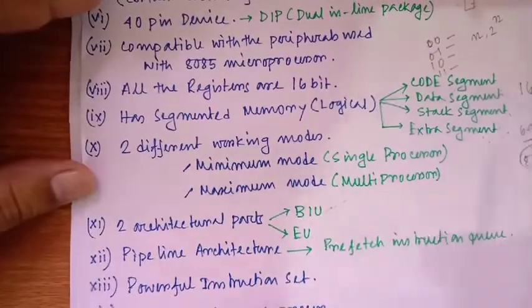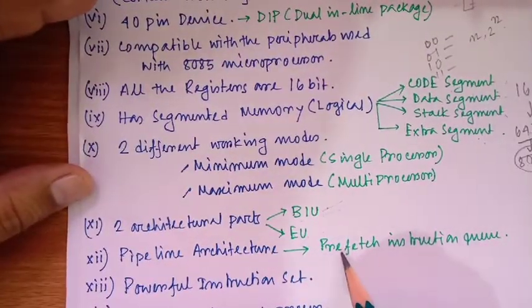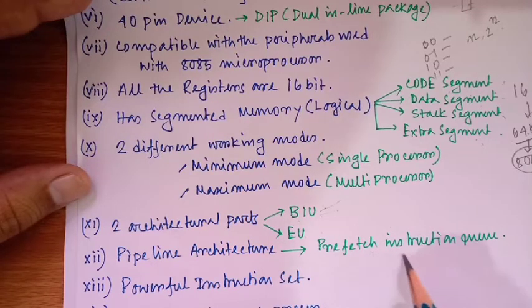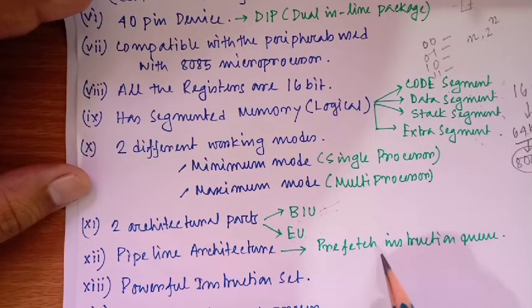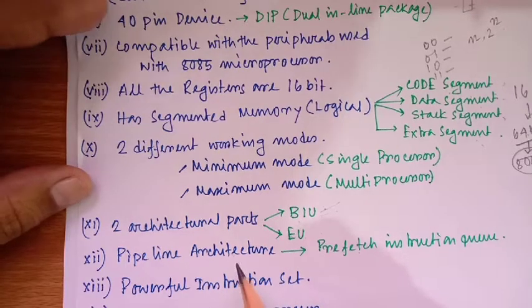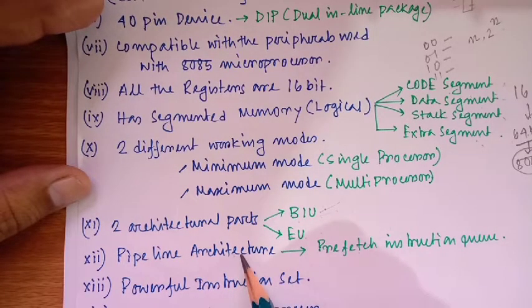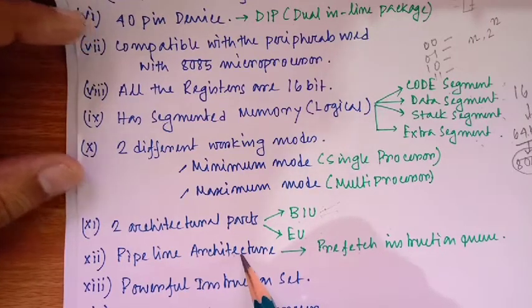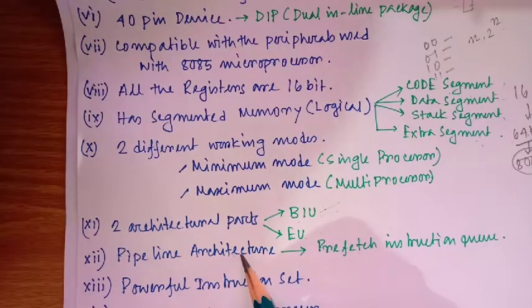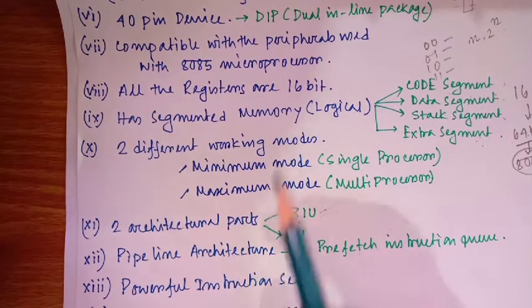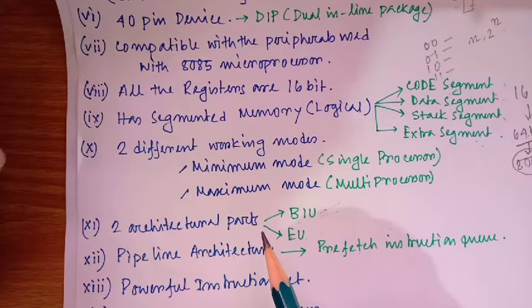The next one is called the pipeline architecture. Right now we already know this term, prefetch instruction queue. We have a 6-byte prefetch instruction queue which is basically used to implement this pipeline architecture, and that is the beauty of this 8086 processor, due to which this processor is relatively faster than 8085. Not only because of the word length, that is 16 bits, which is double that of 8085, and not because of the slightly higher frequency it works at.